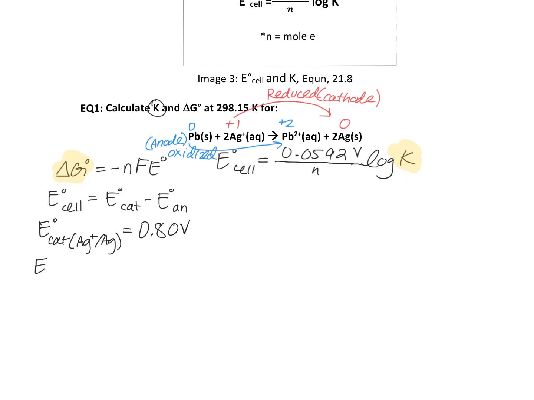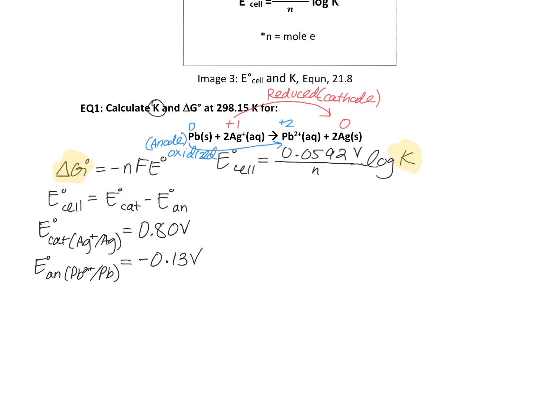And then if you look up your standard reduction potential for your anode, which is lead, that is negative 0.13. You might see 0.125 or something like that, but you're just going to be tested on the values that are given to you for the exam.